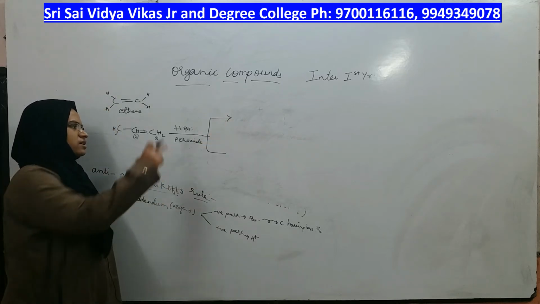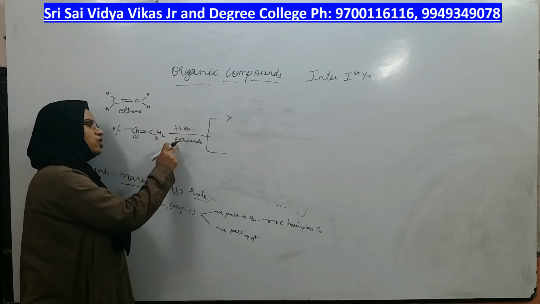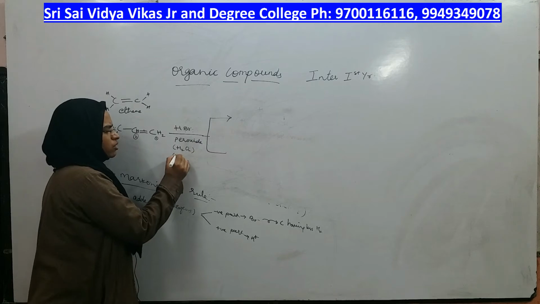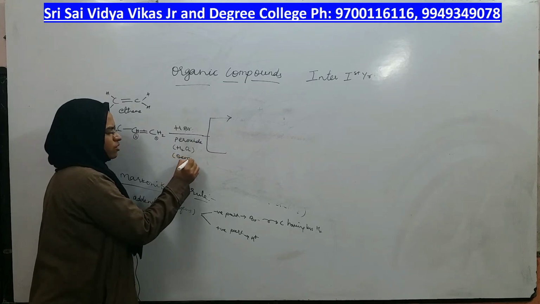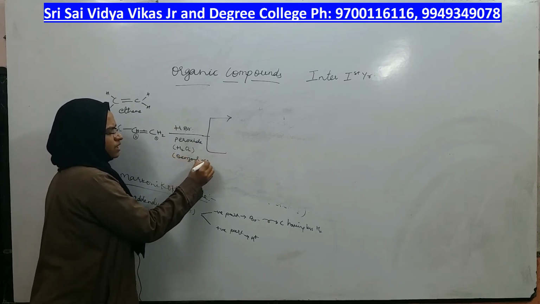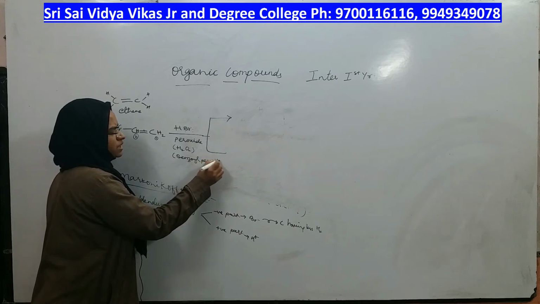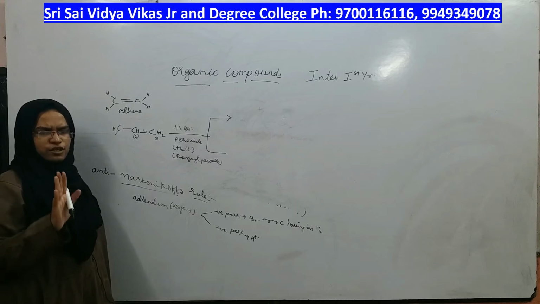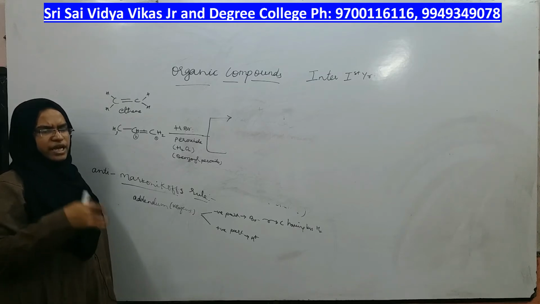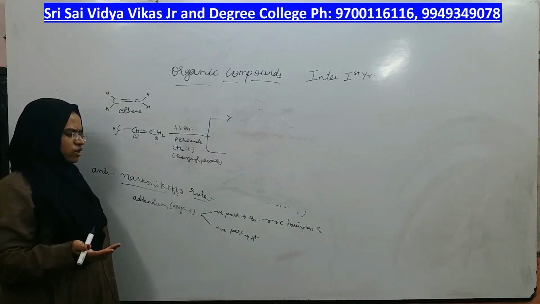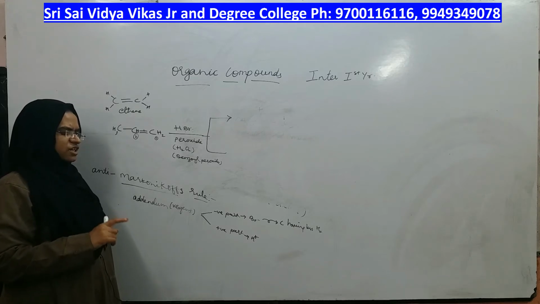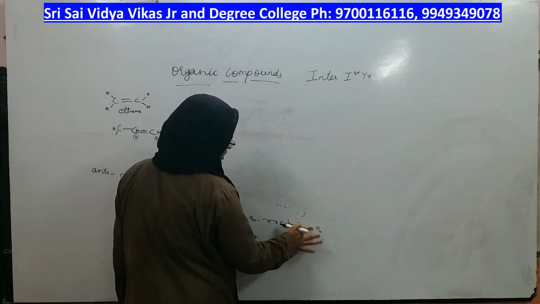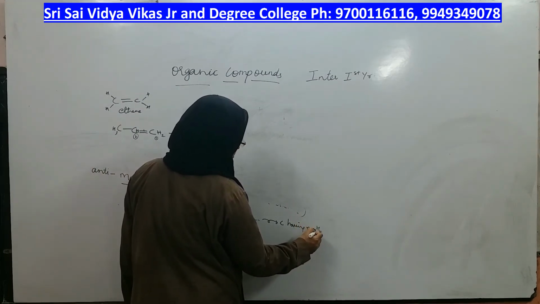But if the reagent is present along with peroxide, which can be H2O2 or benzoyl peroxide, any peroxide along with HBr means Markovnikov's rule will not be followed. Anti-Markovnikov's rule will be followed, which says the negative part of the addendum attaches to the carbon containing more hydrogens.